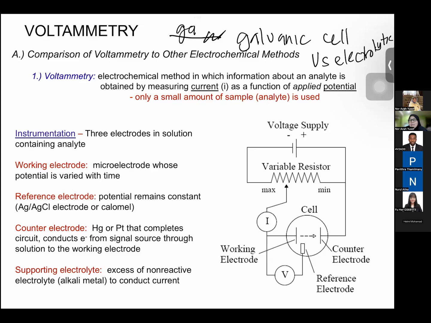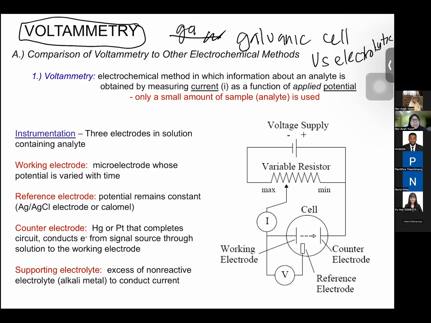Galvanic cell versus electrolytic cell. If we are talking about voltammetry, we are talking about electrolytic cell, electrolysis. Why? Because we need to supply potential in order for the reaction to happen. That is the biggest difference between galvanic cell and electrolytic cell.